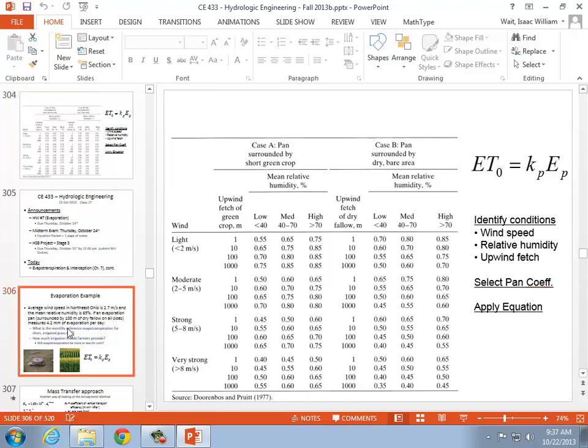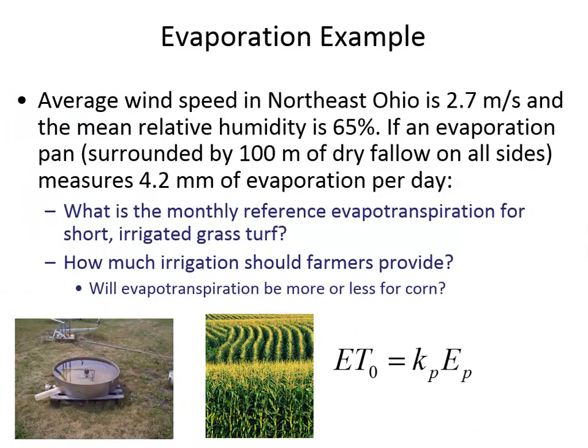In the problem statement, it says that we have pan evaporation of 4.2 millimeters per day. And so E sub P, which is the pan evaporation, is 4.2 millimeters per day.